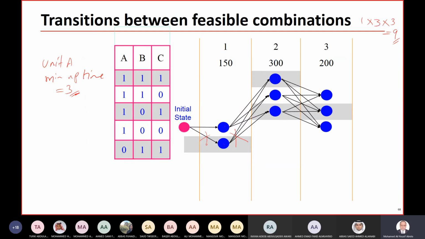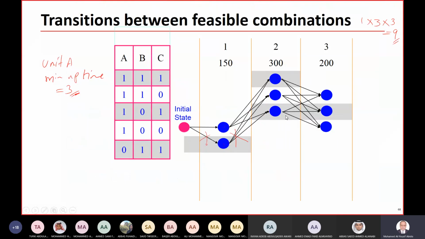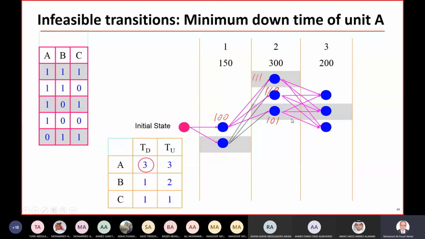Am I right? Yes. Okay. So 1 1 1, 1 1 0, and 1 0 1. So these are the combinations. What about those? This is the 1 1 0, and this 1 0 1, and this one is 1 0 0. Okay, great.